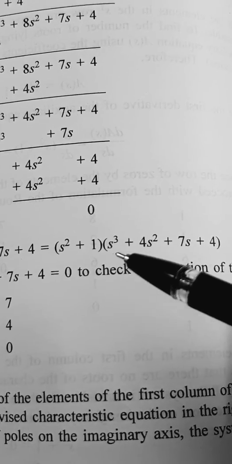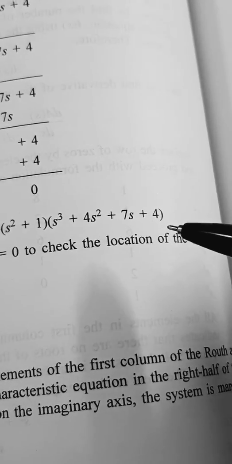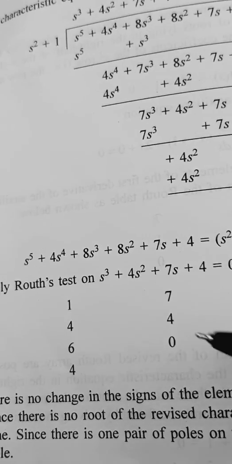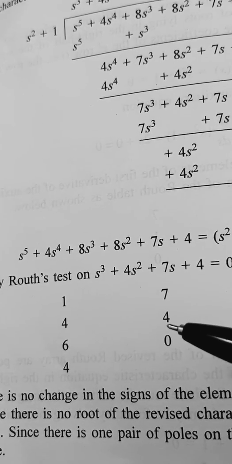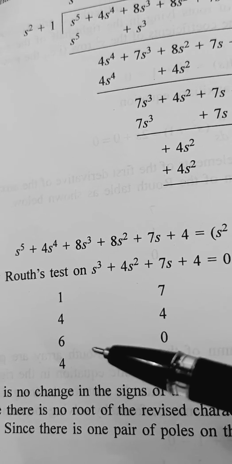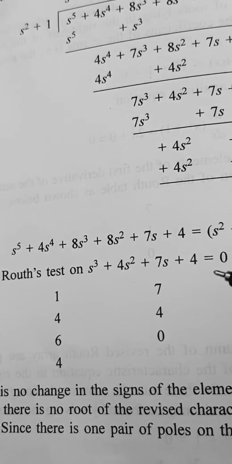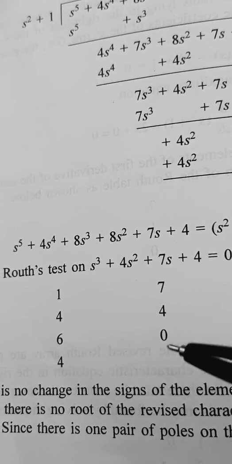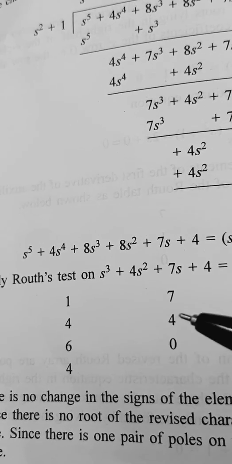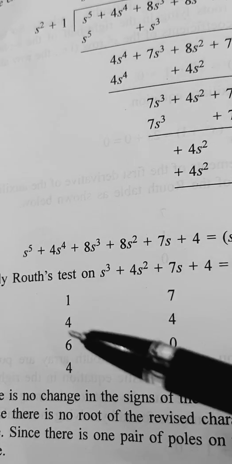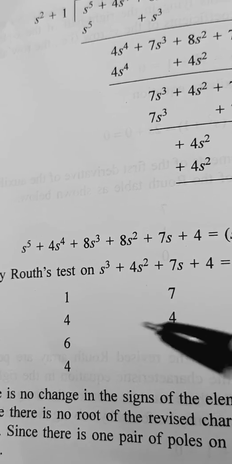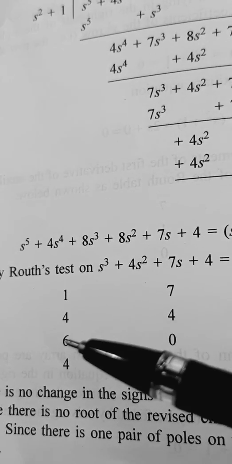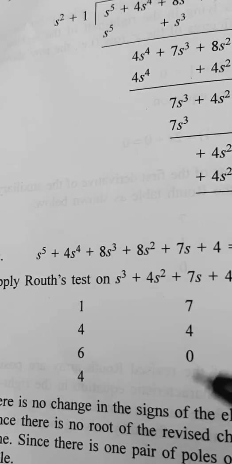So here 1 and 7, next is 4 and 4. Now 4 into 7 minus 1 into 4 divided by 4, you are getting 6. Then 4 into 0 minus, so there is none, so it will be 0. Now 6 into 4 minus 4 into 0 divided by 6, you are getting 4.